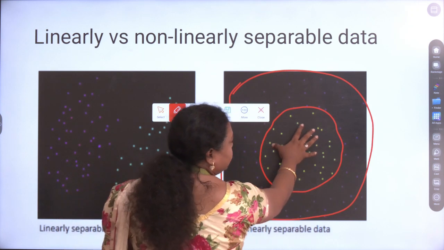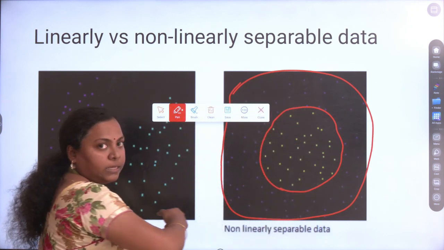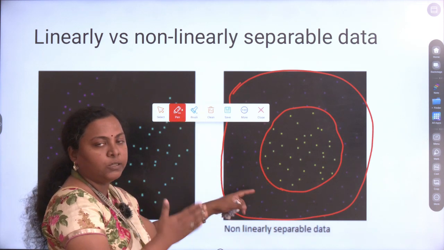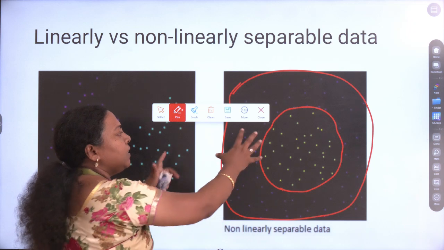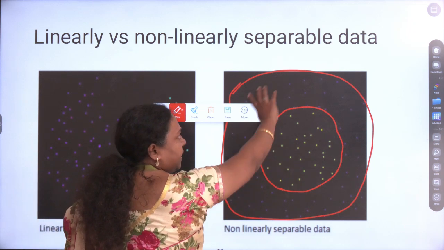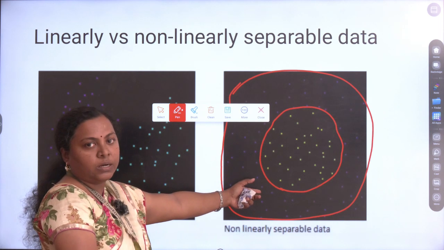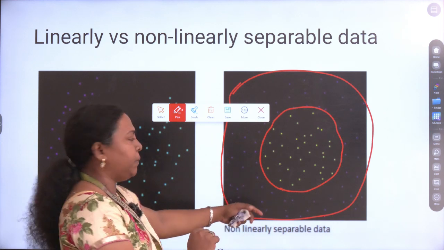We cannot draw a straight line to clearly partition this as one group and that as another group. This type of data is called non-linearly separable data.